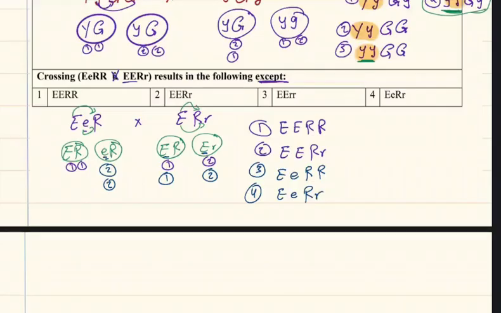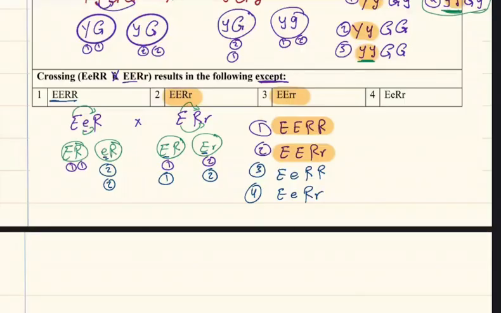So it tells us the following result except what? Now this one, does it exist? Yes, it is here, the first one. So this results. Now the second, does it exist? Yes, it exists. Now this one, does it exist? R small, R small. No one here has R small, R small.